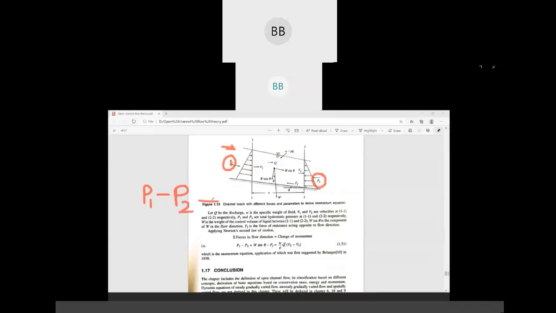Then the weight we have resolved into two directions, one is x and one is y. So definitely W cos theta is not in the direction of flow. It is downward. So that is why W cos theta we are not going to consider. What we are going to consider is W sin theta as it is in the direction of flow.